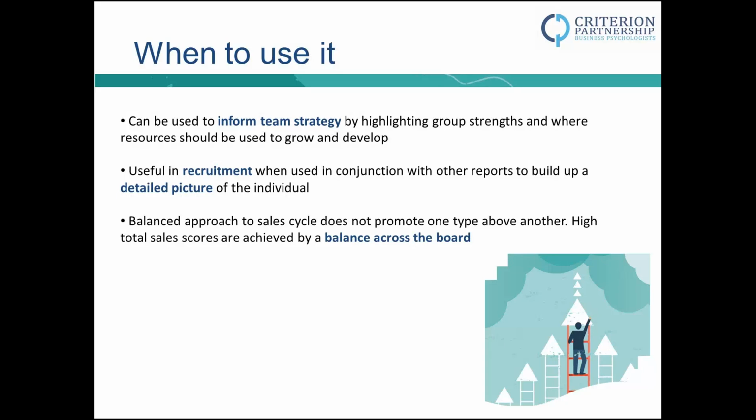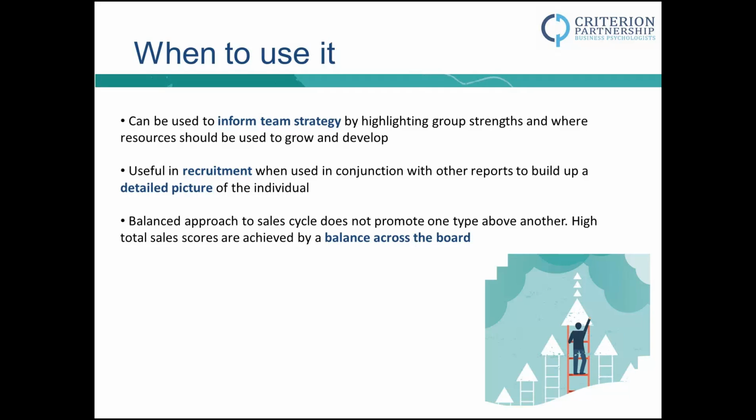That kind of thing. And finally, it's a smaller point, but the balanced approach that it takes to the sales cycle doesn't promote one type above another. So what we wanted to do with this report is to emphasize that you want someone to be, or develop people into, all-round salespeople so that they feel confident at every stage of the sales cycle.